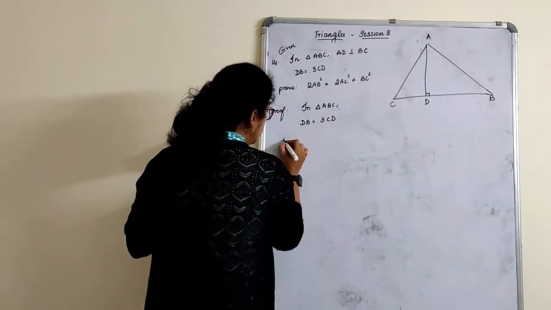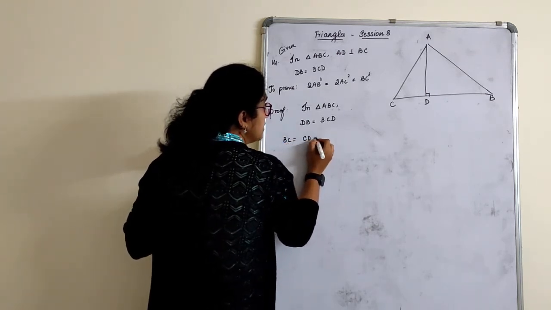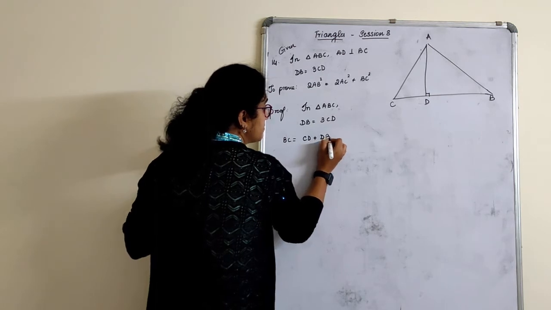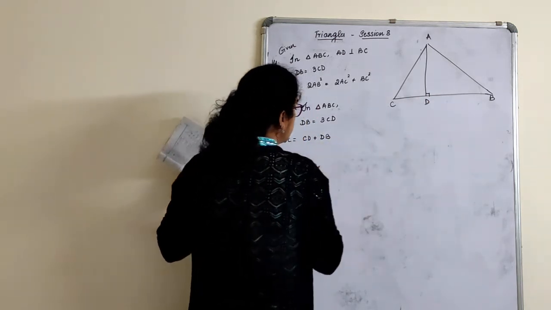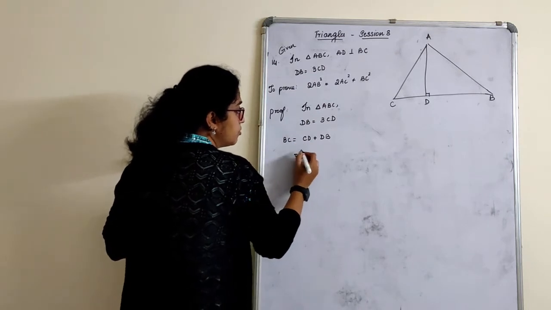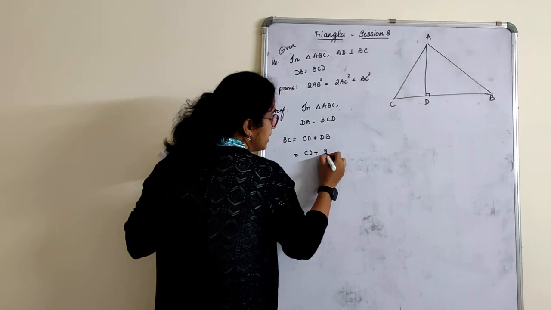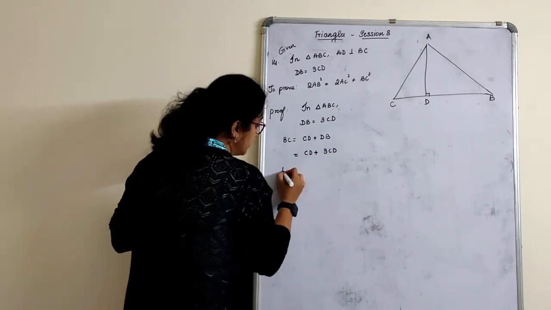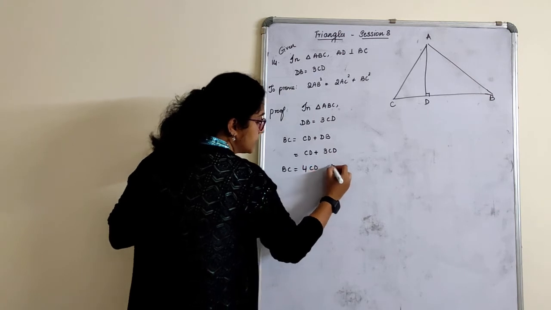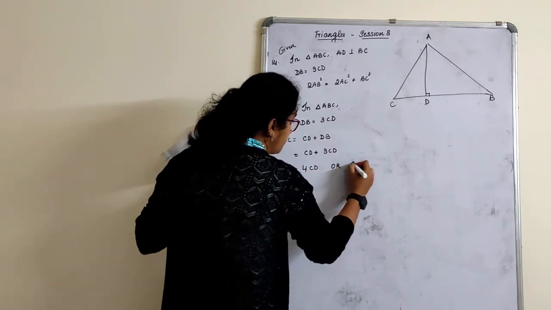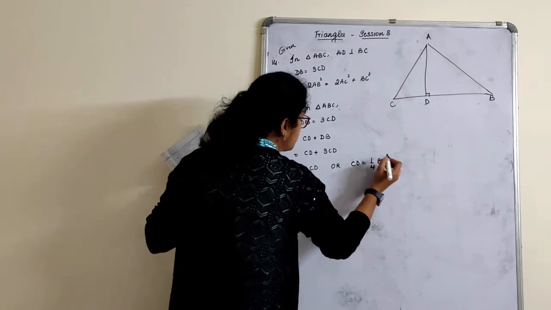Next, BC can be written as CD plus DB. So CD as it is. What is DB? DB is 3 times CD. So BC is 4 times CD, or CD is 1/4 BC.